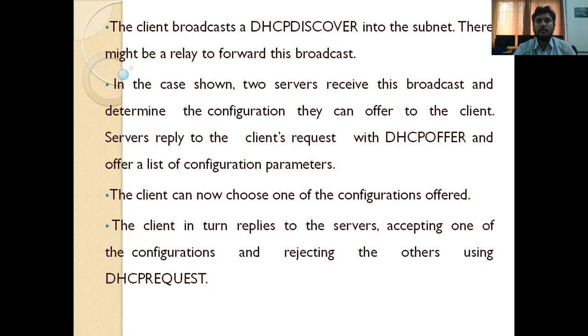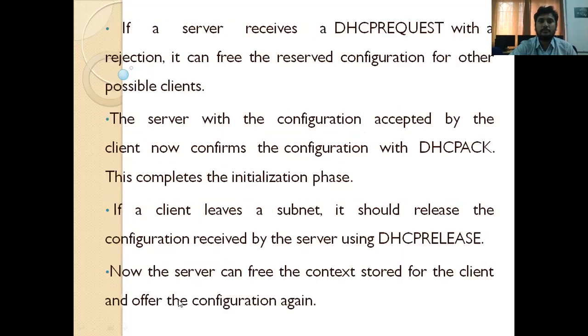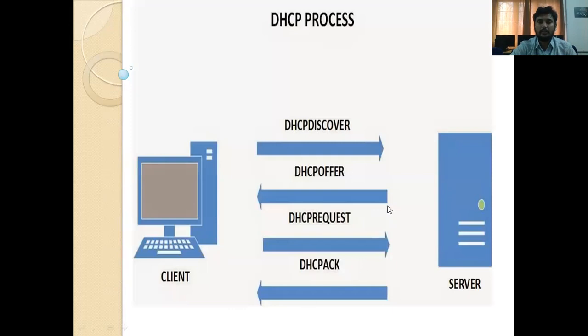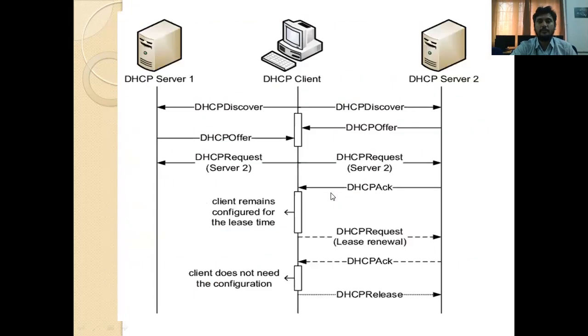It sends requests to the nearby servers. First it sends a discovery message. The server sends an offer message. After receiving the offer message, the client sends a request message. If it is accepted by the server, it sends an acknowledgement. Then it is connected to the server. So it is a continuous process until the end of the journey.